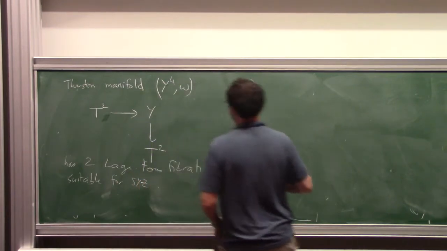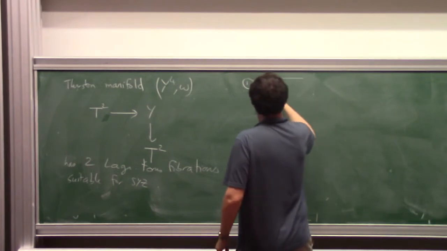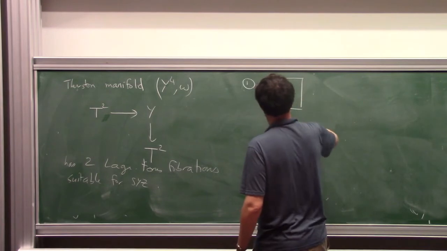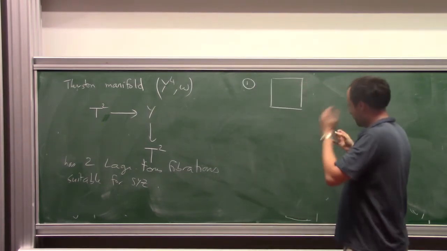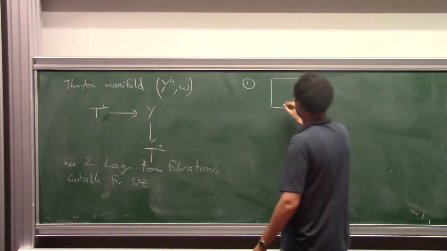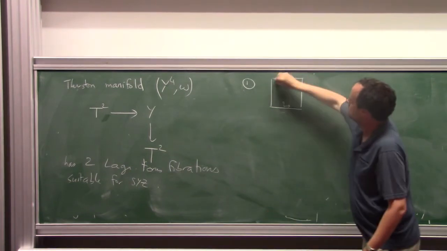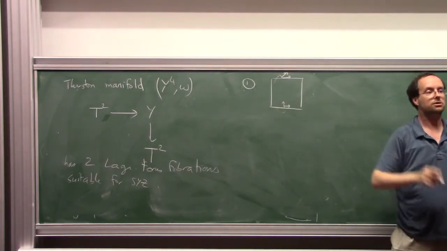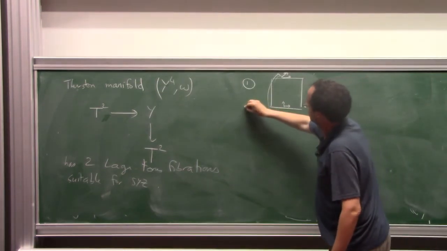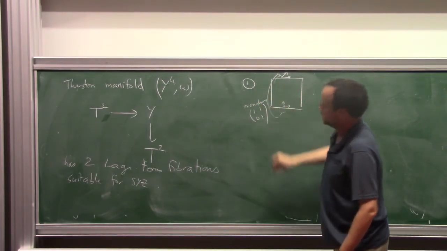One of them, which is the one I will be emphasizing more today, looks like this: the base affine manifold has a fundamental domain, a rectangle or parallelogram, but when you glue together two opposite edges of this fundamental domain, you introduce a monodromy in the affine structure, which is a shear.